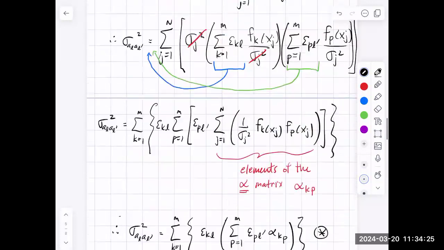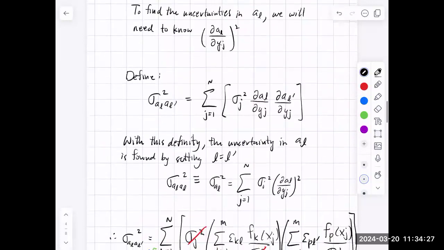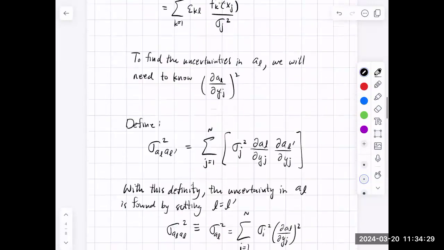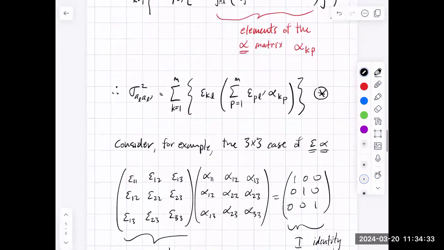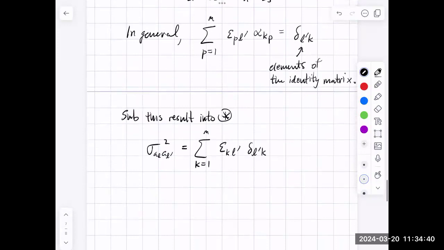Let me just copy this and get this right. So what we're working on is this: epsilon KL, epsilon K, and this should just be an L, right? There we go, I finally got it.